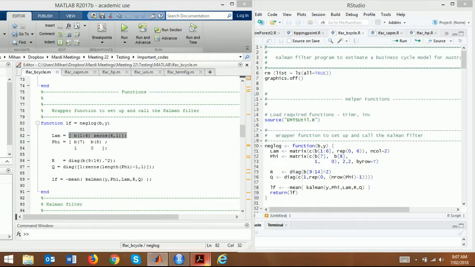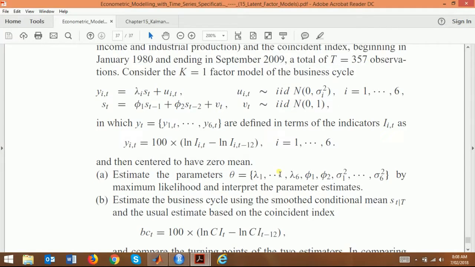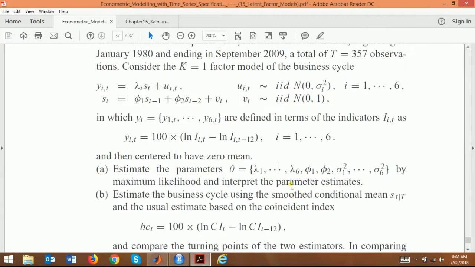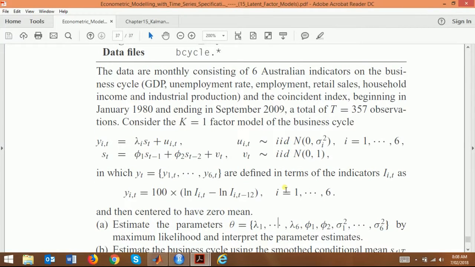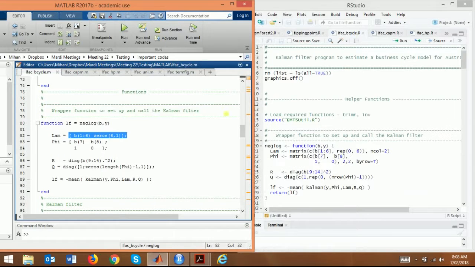We know from the question that it is 2 by 2, so it's a 1 factor model, but with two autoregressive parameters. That's why 1 0, because it's a 1 factor model. Then R is 9 to 14, the size of y, 6 squared.